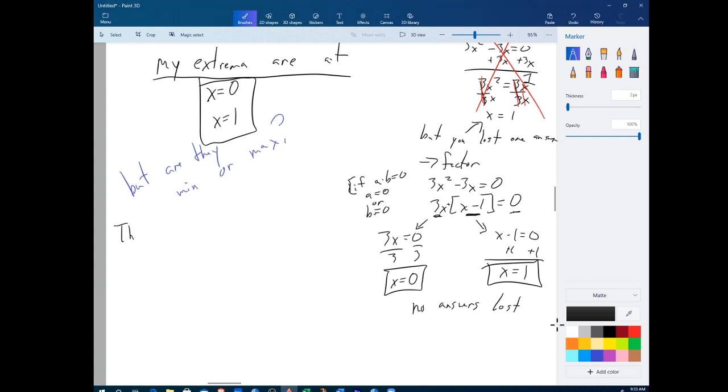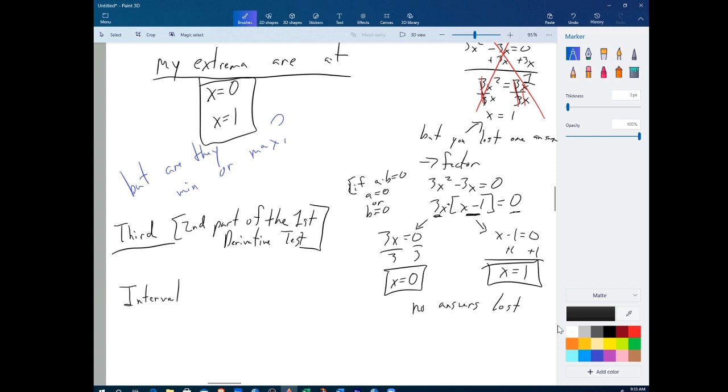All right, so third, and this is the second part of the first derivative test. I'm going to make a table, and I'm going to put the exact same stuff in the table every time. I want to analyze the intervals before, between, and after each of my extrema.